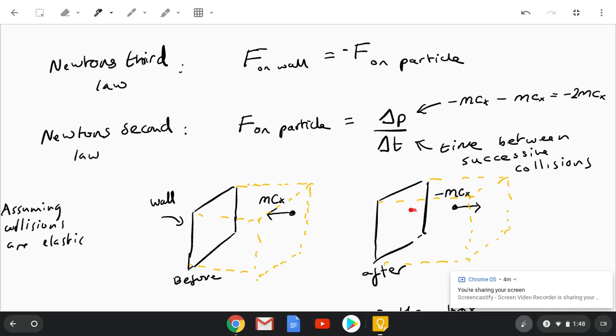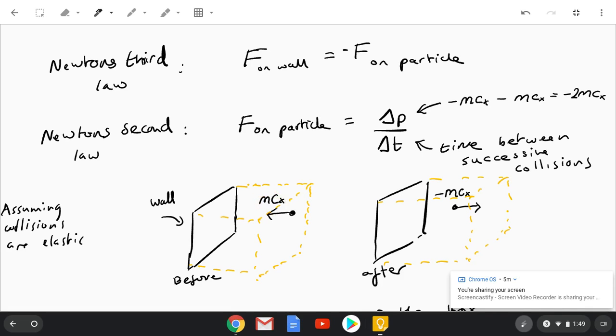So when the particle's moving to the right, it's got a minus sign. In an elastic collision, it hits the wall on the left and then moves to the right. I'm only considering the collision against the wall on the left; the other walls we'll look at later.